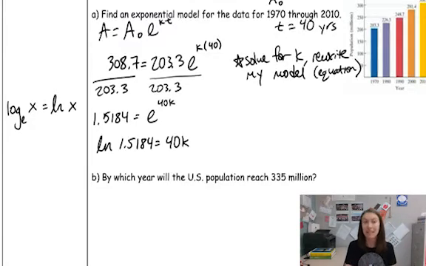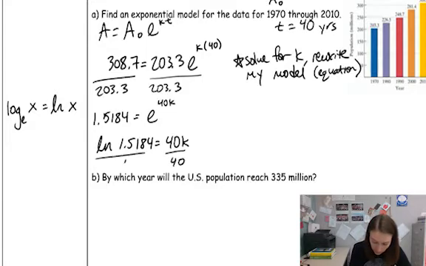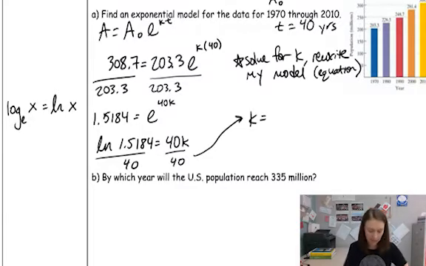Remember, the log is the exponent, so the exponent goes on the other side of the equal sign. Then I divide both sides by 40, use my calculator, and I get k is the ln of 1.5184 divided by 40, and I get 0.01044. I know that's 5 decimals, but that's all right.